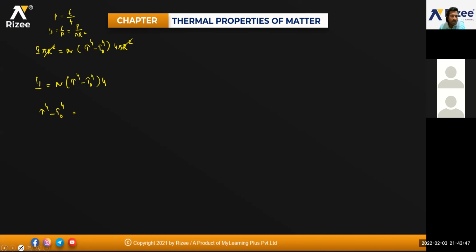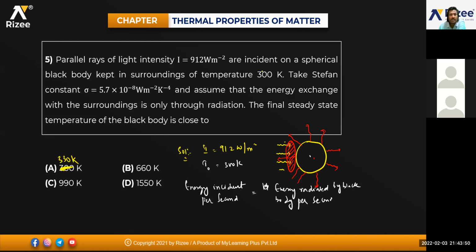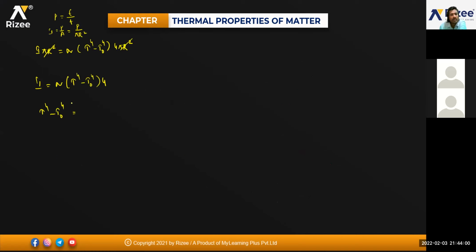Let me check with the data. Black body surrounding temperature is 300 Kelvin, and the Stefan's constant is 5.7 into 10 to the power of minus 8. Bringing this out, T to the power of 4 minus T naught to the power of 4 is I divided by 4 into sigma.